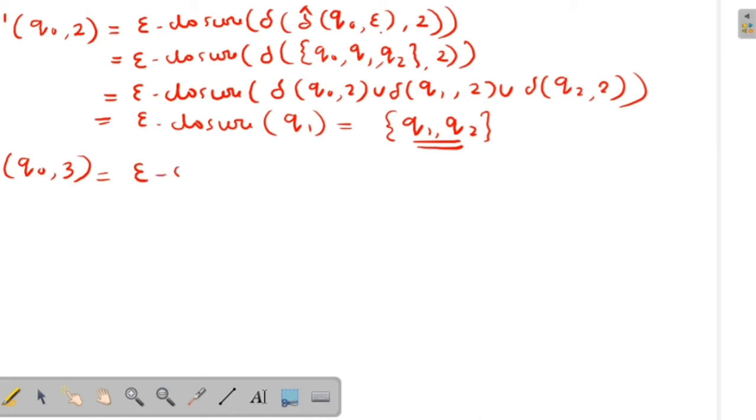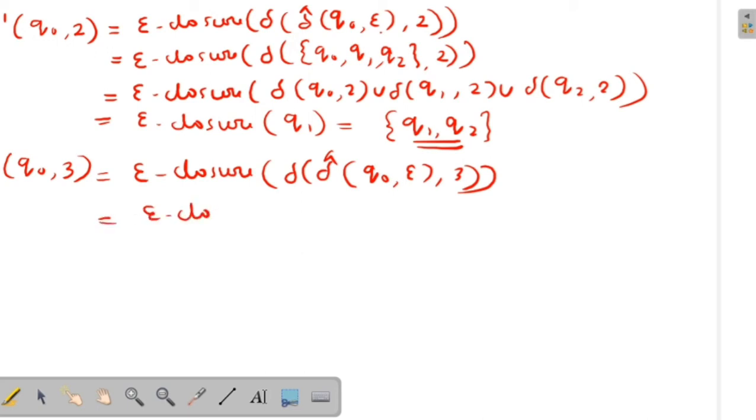Delta dash of Q0 comma 3 is epsilon closure of delta cap of Q0 comma epsilon comma 3. That is equal to epsilon closure of delta of, here epsilon closure of Q0 is Q0, Q1, Q2 comma 3.